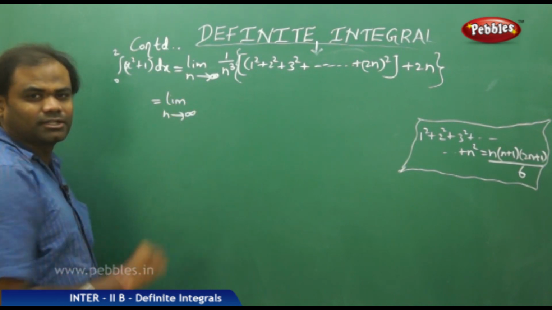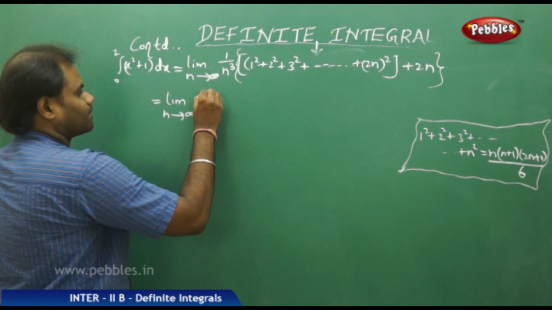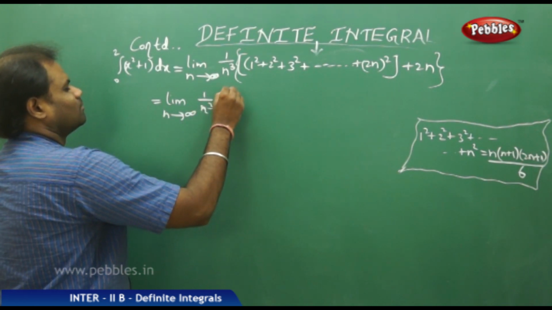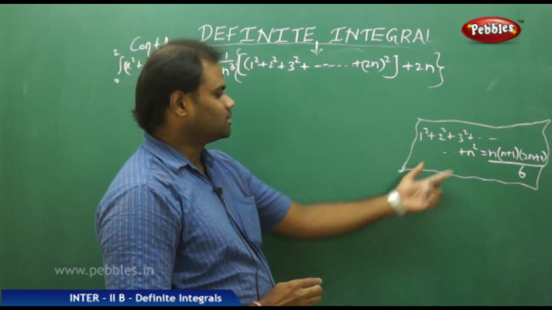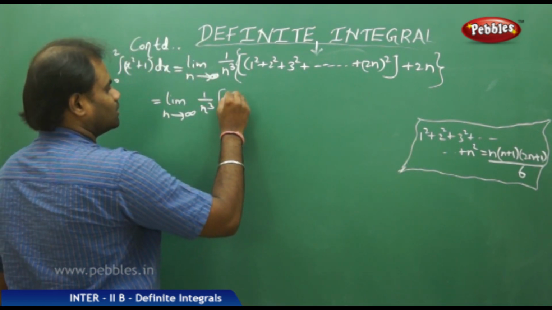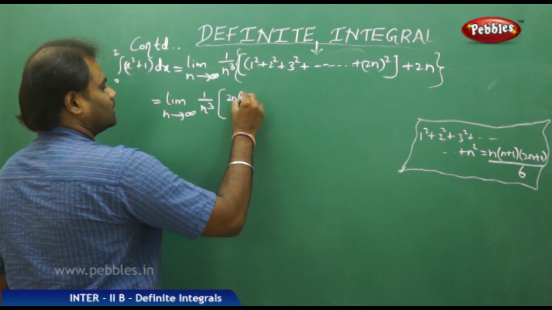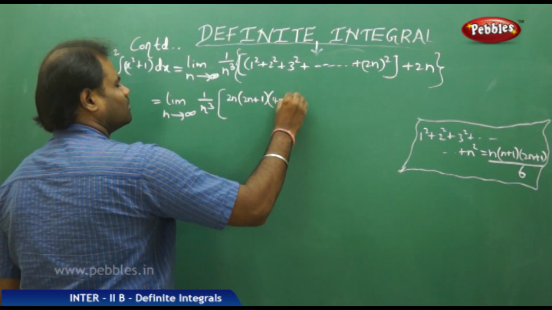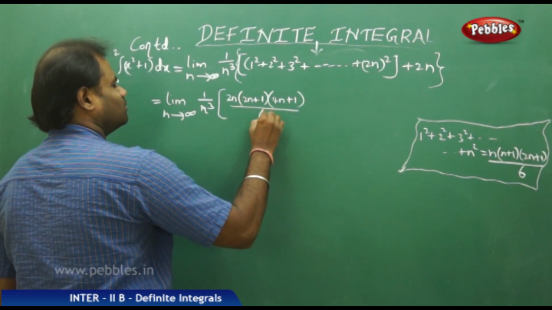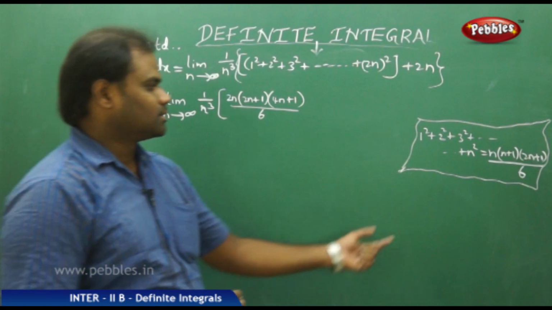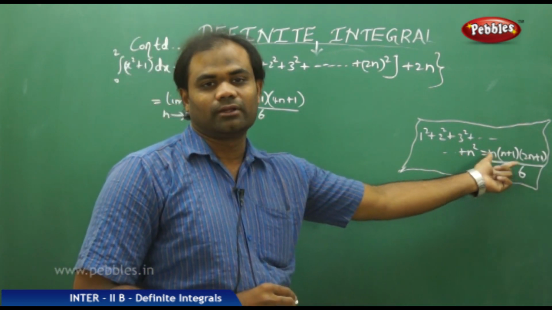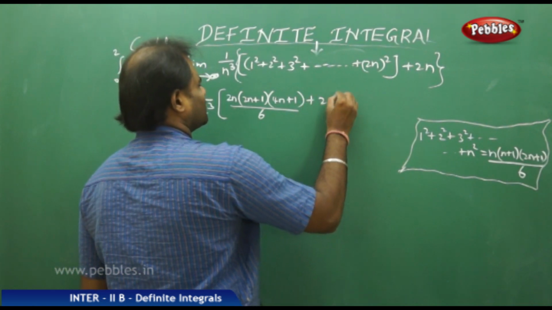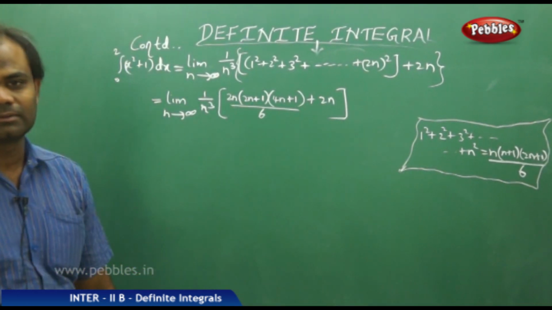So therefore I have this reducing to limit of n tending to infinity of 1 by n cubed, and 1 squared, 2 squared till (2n) whole squared is n into (n plus 1) into (2n plus 1) by 6, with n replaced by 2n on the right hand side, that is 2n into (2n plus 1) into (4n plus 1) by 6, plus 2n is what we get.